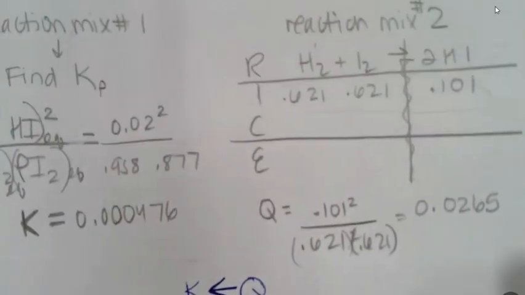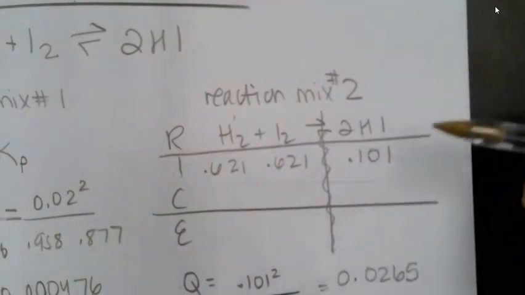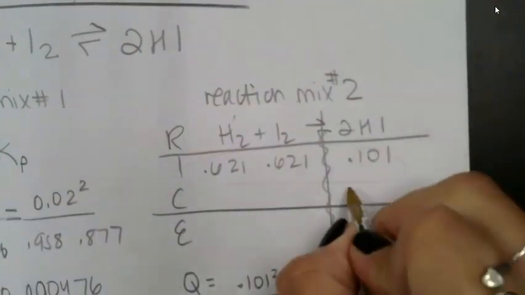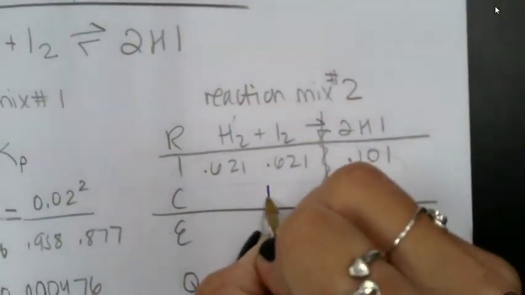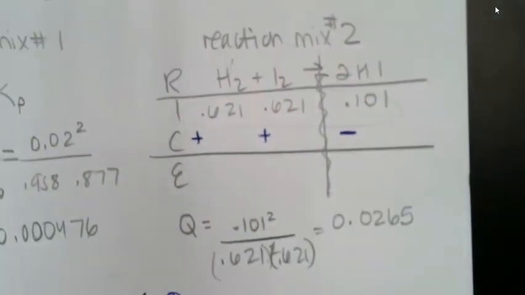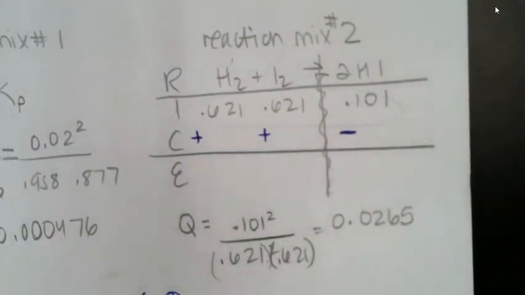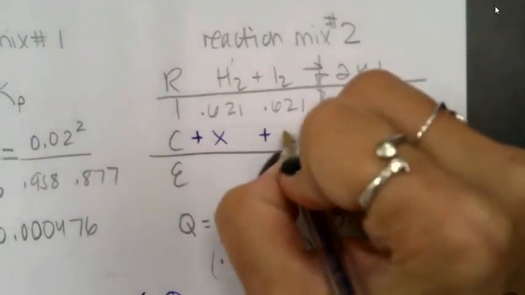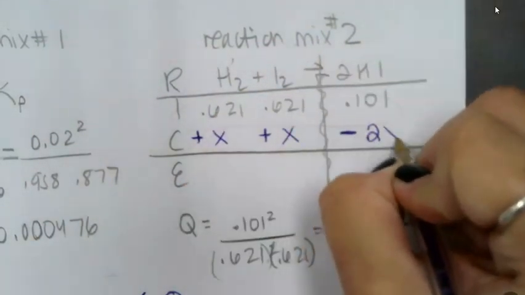So that means that this is going that way. So yes, this is going to be being consumed, and these are going to be being made. So plus x, minus 2x.